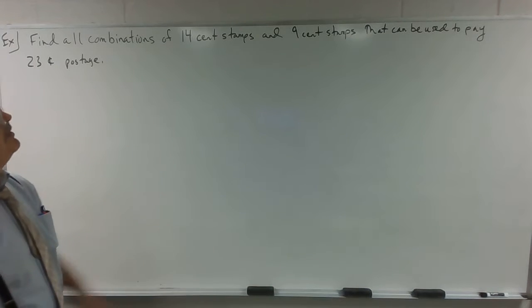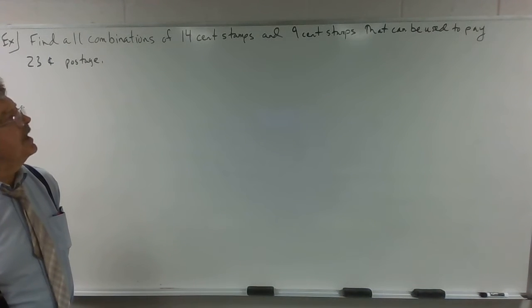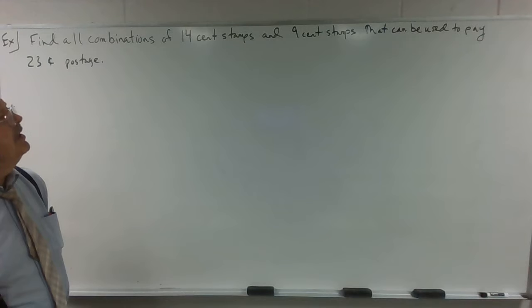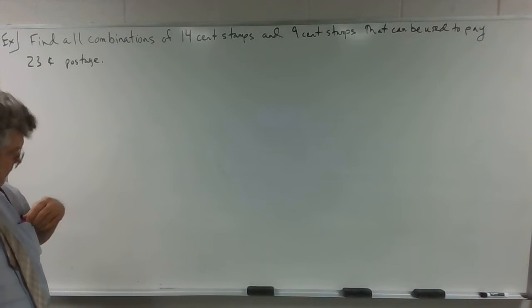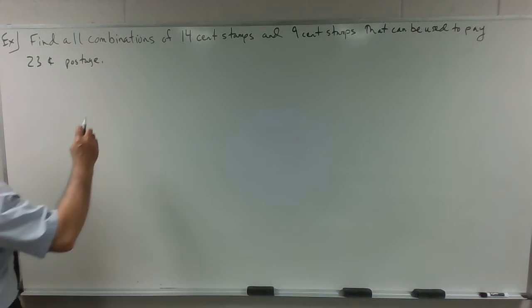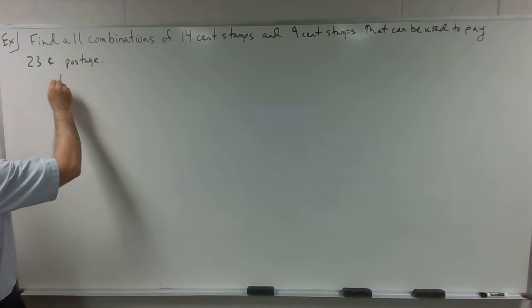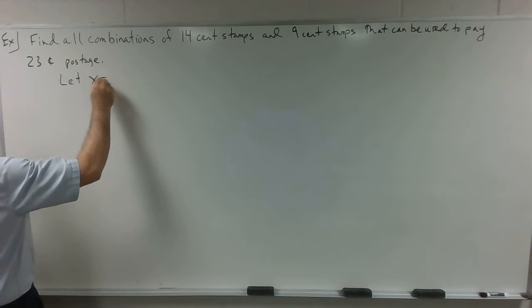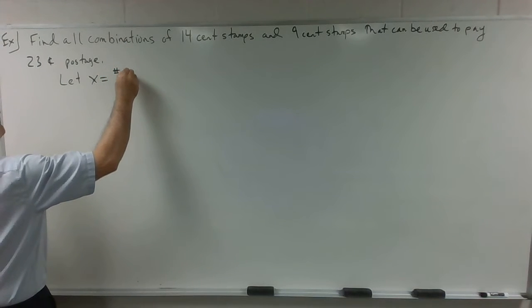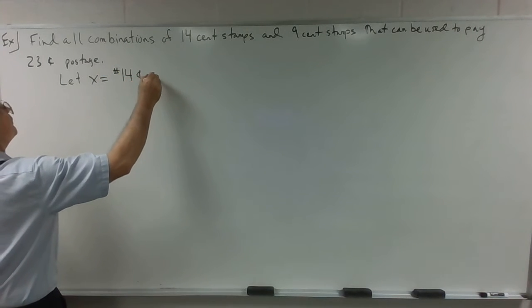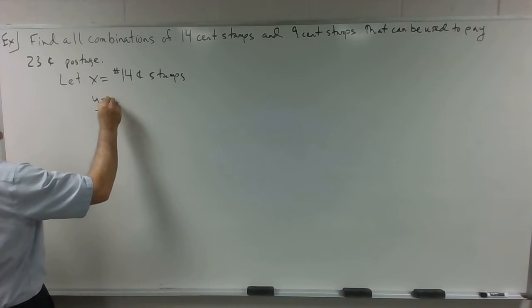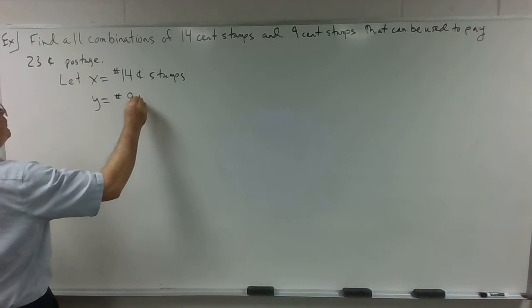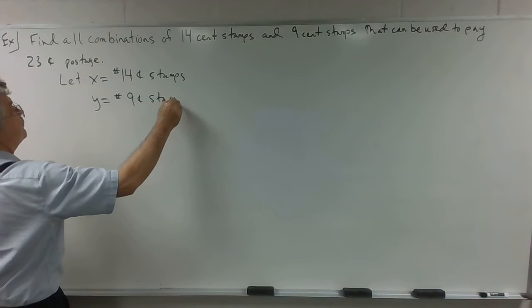Find all combinations of 14-cent stamps and 9-cent stamps that can be used to pay 23-cent postage. So here's what we do. We let x equal the number of 14-cent stamps. We'll let y equal the number of 9-cent stamps.